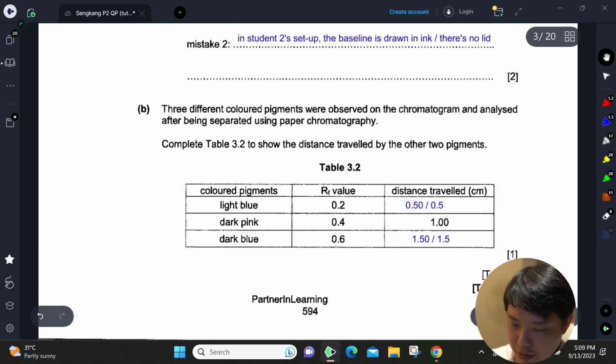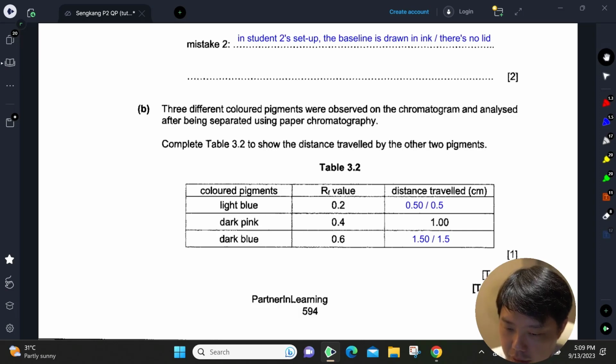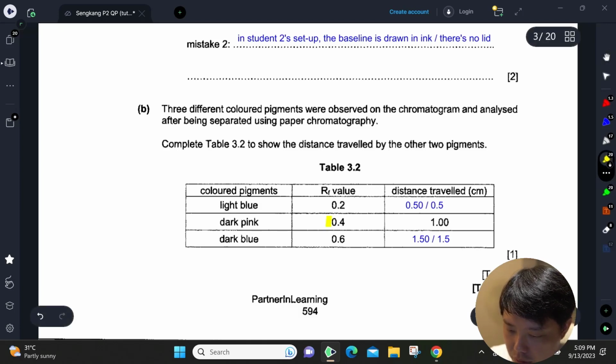So 3 different color pigments were observed in the chromatogram, analyze, and then they want you to complete table 2. There's only one row that has a complete RF value with the distance travelled.